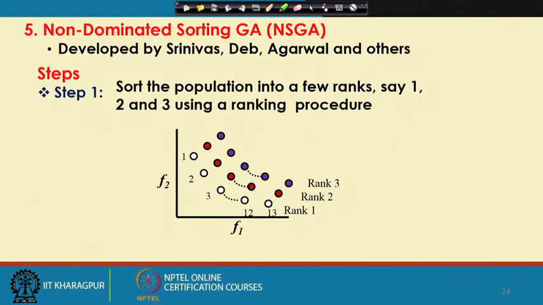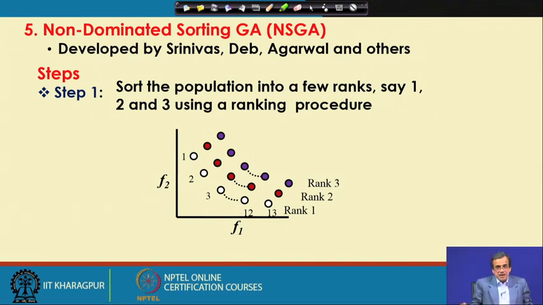Now, once you have got this rank, we can proceed with the first operator, that is reproduction, and the purpose of reproduction is to select the best solutions probabilistically to form the mating pool. Let me concentrate on this particular problem. Here we are going to minimize two objectives, say f1 and f2, and supposing that from the initial population selected at random, we are able to sort into a few ranks like rank 1, rank 2, rank 3 and so on.